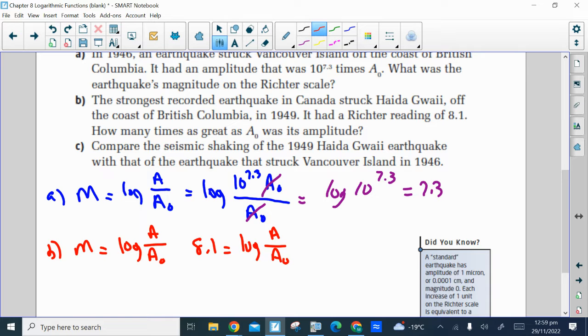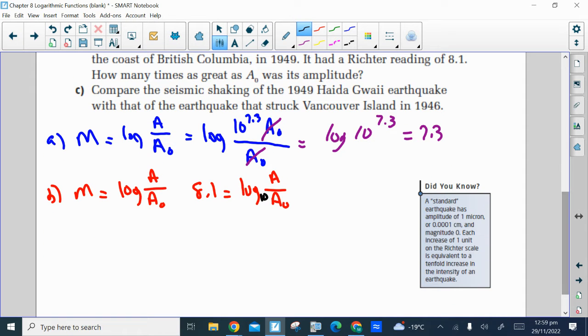This question wants us to find how many times as great as A sub 0 its amplitude was. Essentially, we want to get A by itself, in terms of A sub 0. Keep in mind that this is a common log, a log with a base of 10. We're going to convert from logarithmic to exponential by starting with the base and cycling through.